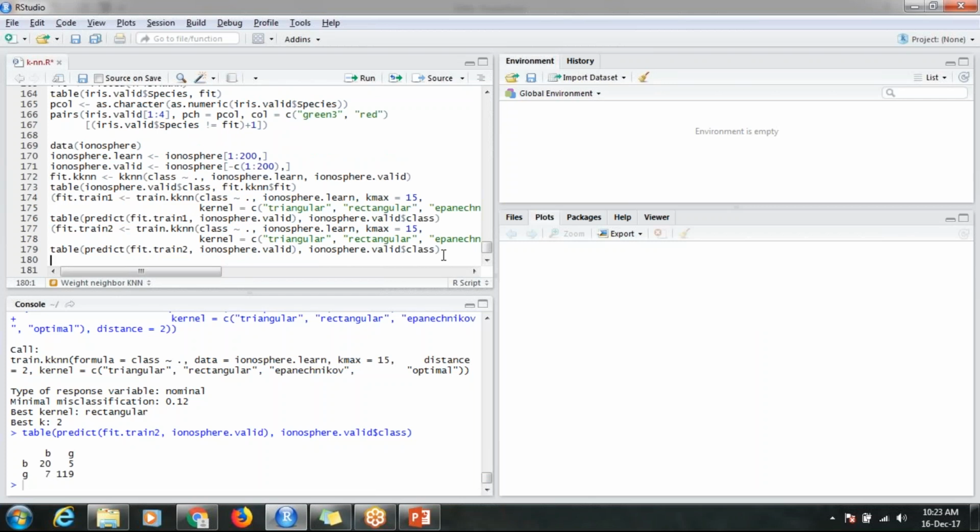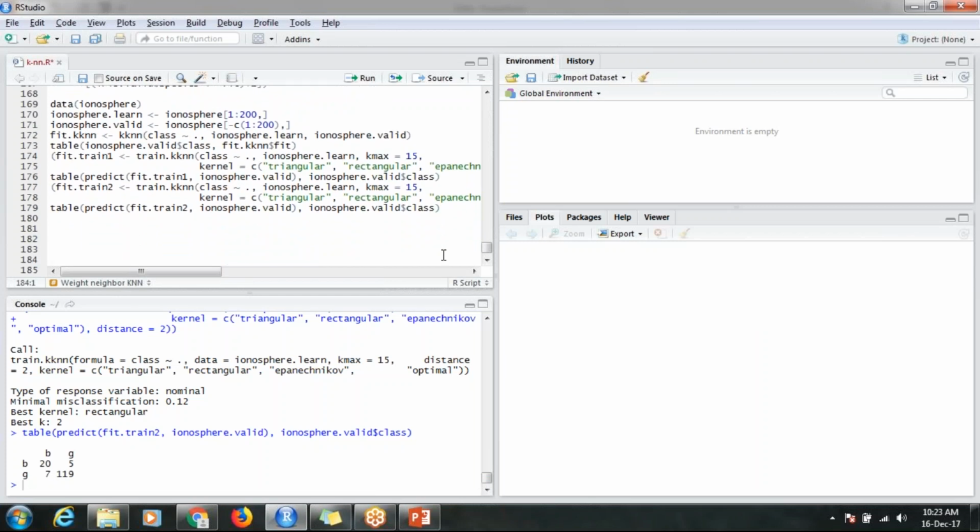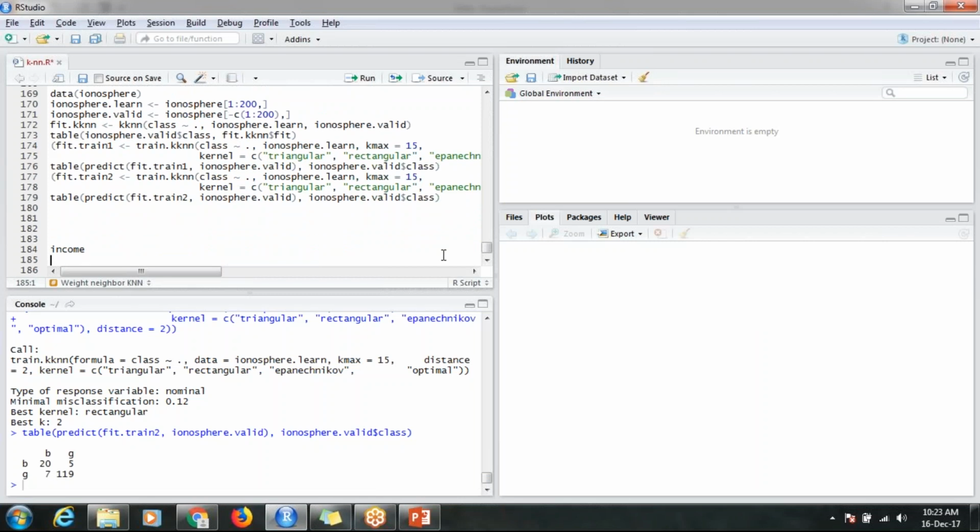Suppose I have a variable like income, and I have another variable, age. Let's say my income varies from 10k to 200k. And age is only supposed to vary from 10 to, at max, 100.